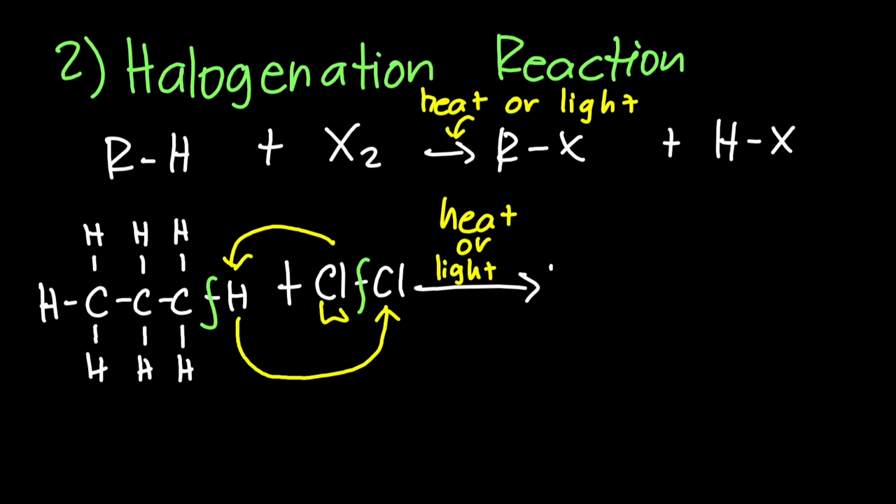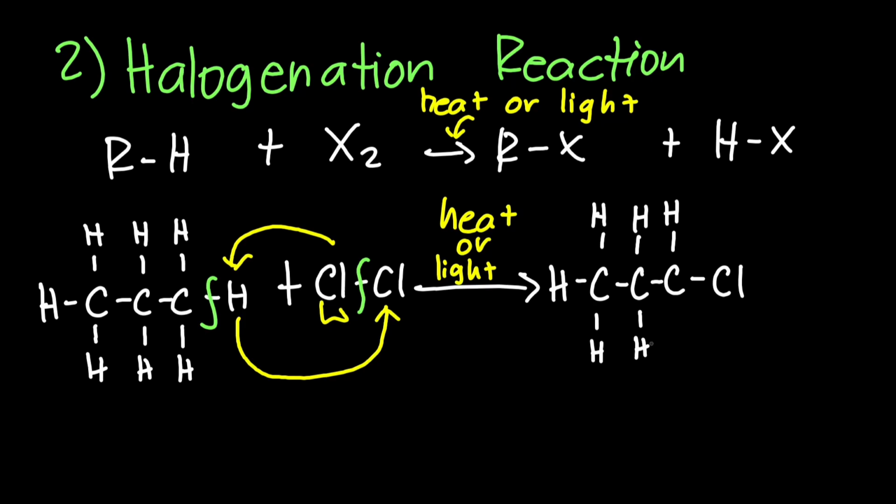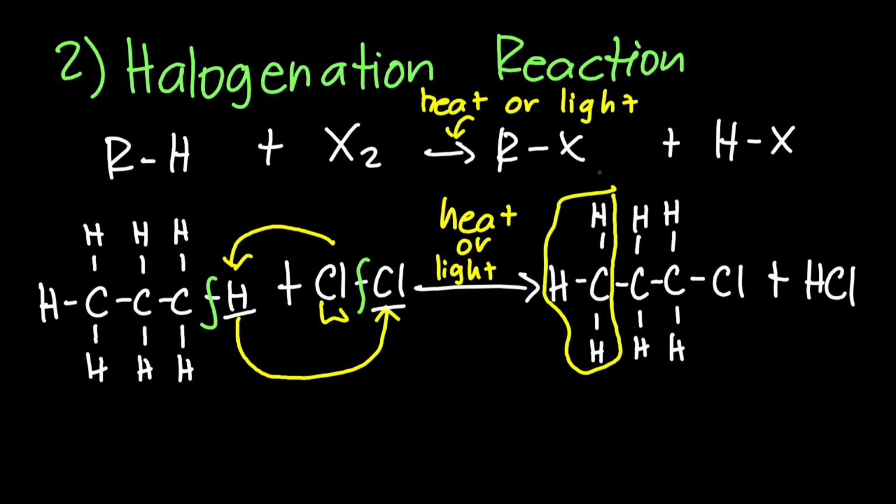And so your product here would be like this, Cl, which replaced the hydrogen, plus the replaced H would react with Cl, which forms hydrochloric acid. If you want to put this into its condensed formula again, this corresponds to CH3.